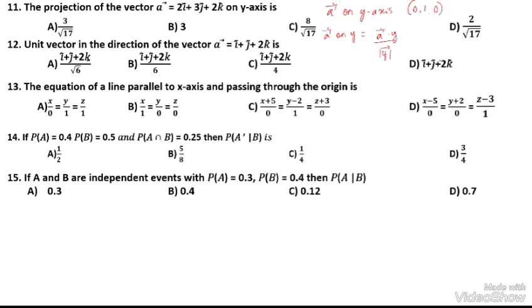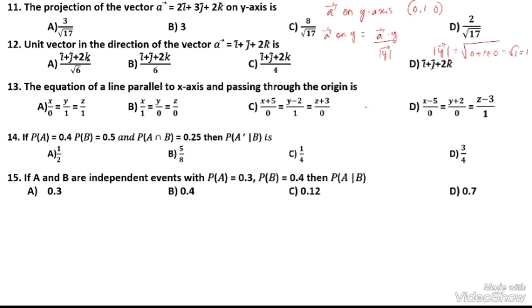I will take the magnitude of the y-axis: 0 square is 0, plus 1 square, plus 0. It becomes root 1, that is 1.